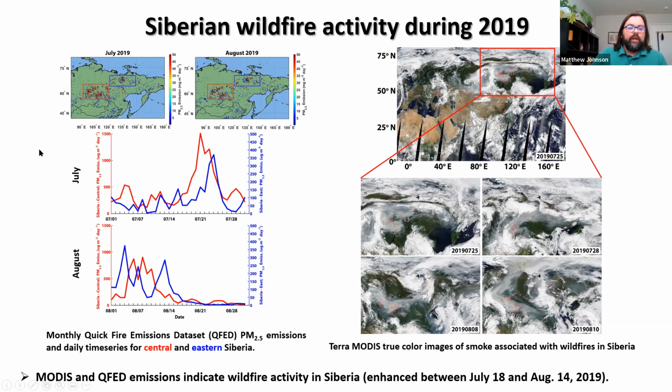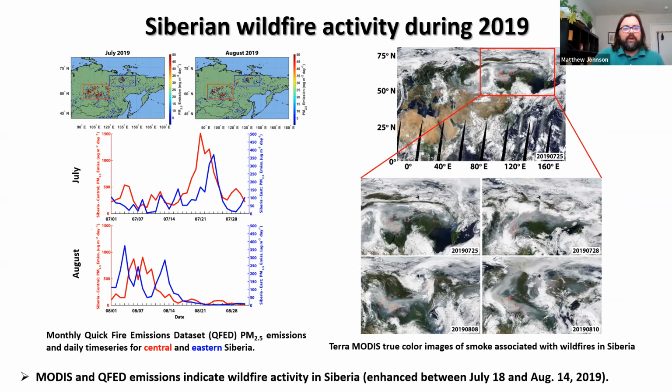To the left, I'm showing the QFED wildfire emissions predictions that Emma discussed briefly. On the top part of this left panel is the monthly average wildfire PM2.5 emissions. I'm highlighting the areas of large activity.